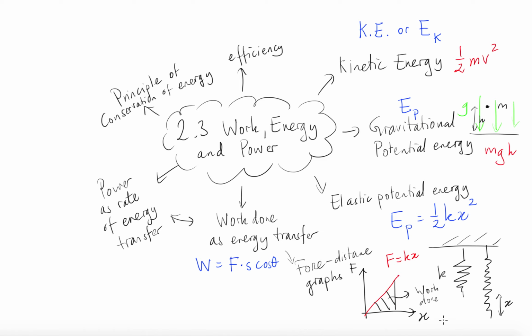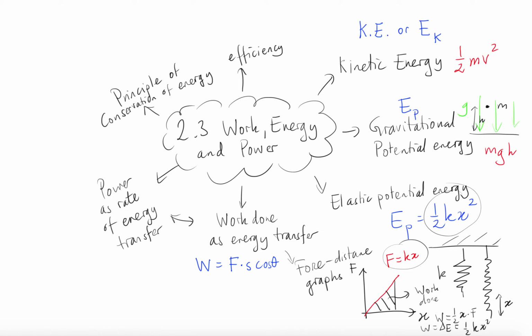So the work done, or the change in energy, is going to be a half times the base x times the force, and since force from Hooke's law is k times x, we get that the work done, or the change in elastic potential energy of the spring, is equal to a half times kx squared, which is where this comes about here.